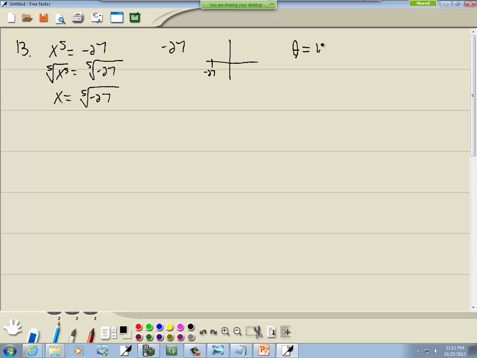What is that, 180 degrees? And r would be 27, because we're going out in this direction. Now, if I went through all my different formulas, I'd find out that's true. Okay, so we're really finding the 5th roots of 27 cosine of 180 degrees plus I sine of 180 degrees.